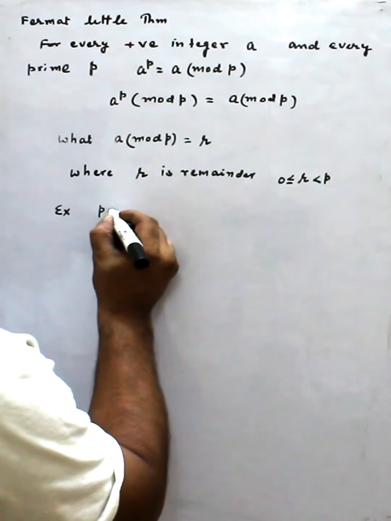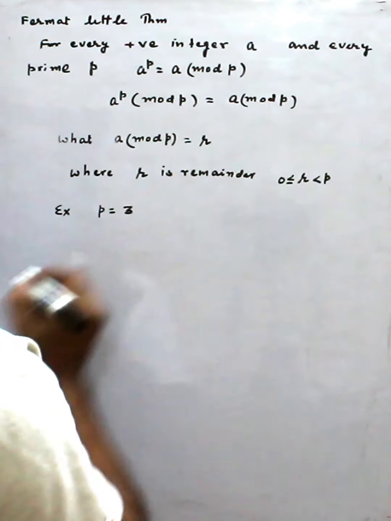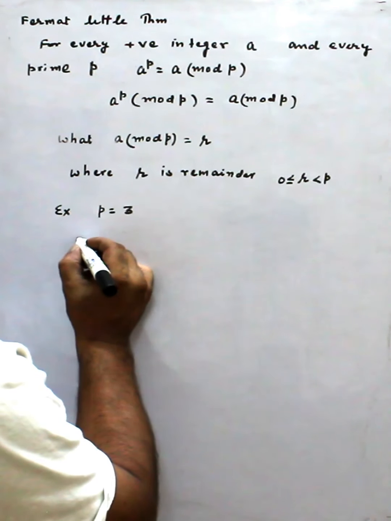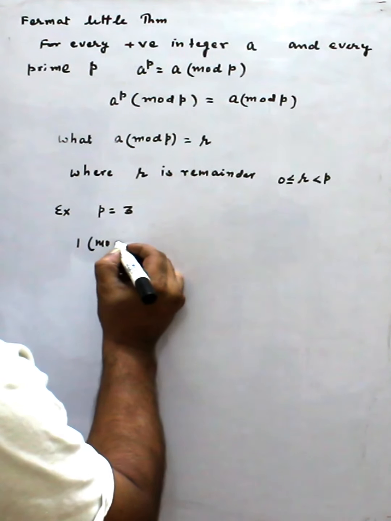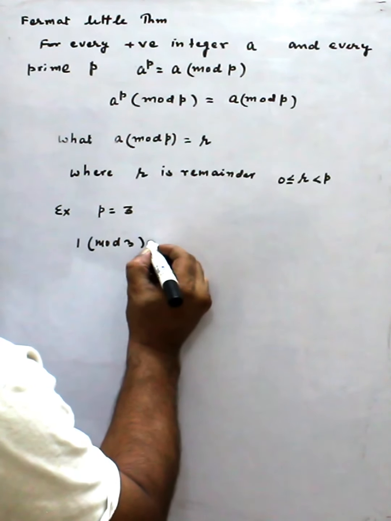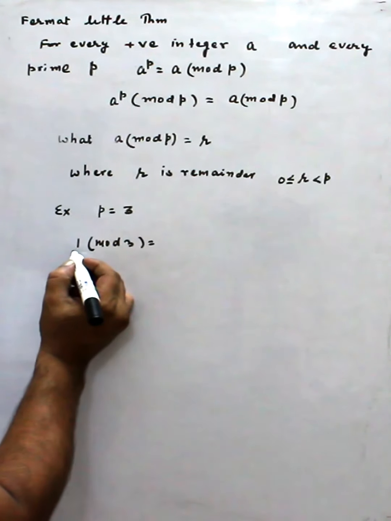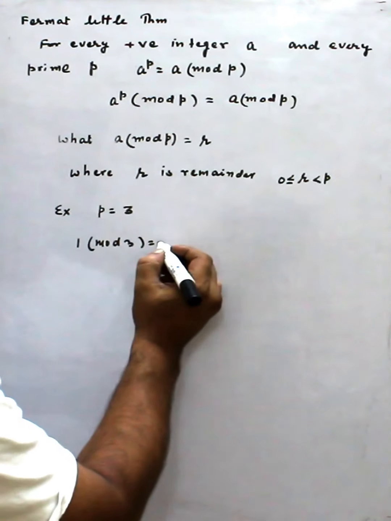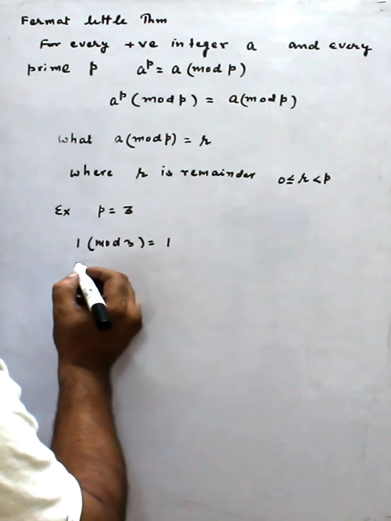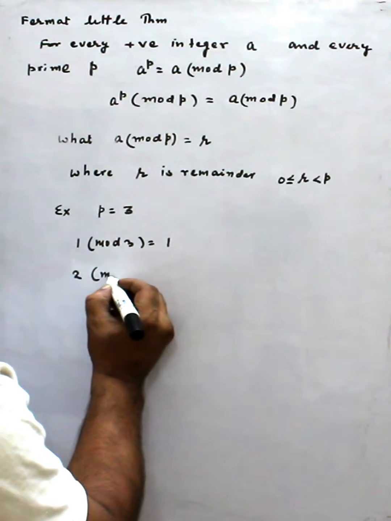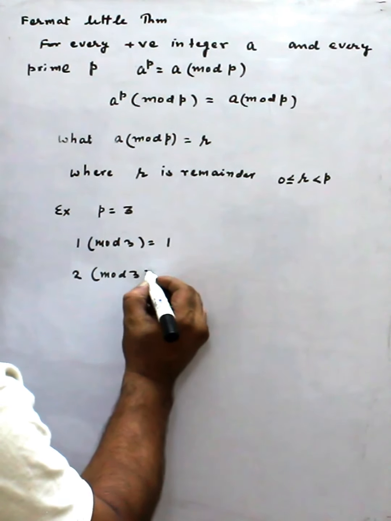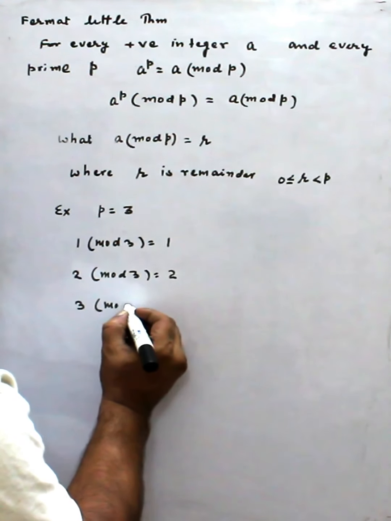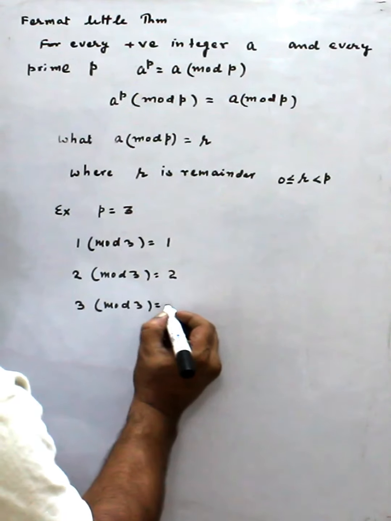if we take p is equal to 3, then what is 1 mod 3? This is obviously 1, because 1 cannot be divided by 3. And 2 mod 3 is 2, and 3 mod 3 is equal to 0.